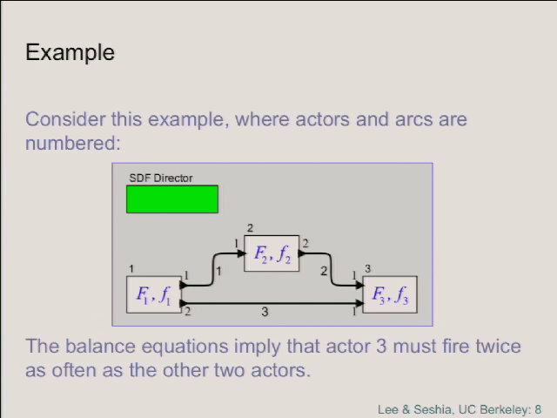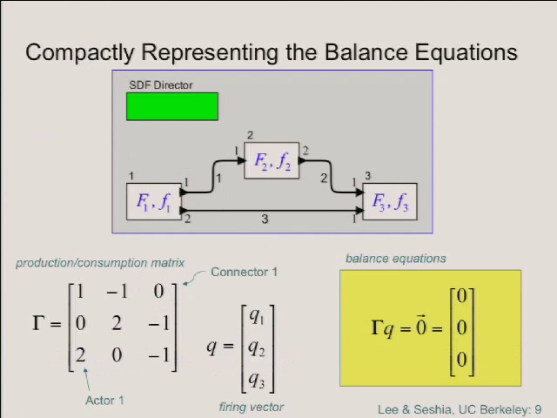You can write down balance equations for each of the 3 connections, and we can collect those balance equations into matrix form as follows. So this gamma matrix has a row for each connection. Okay, so there's 3 rows because there are 3 connections, and it has a column for each actor. And at the point in the matrix, you just put an integer that says how many tokens this actor produces on this connection.